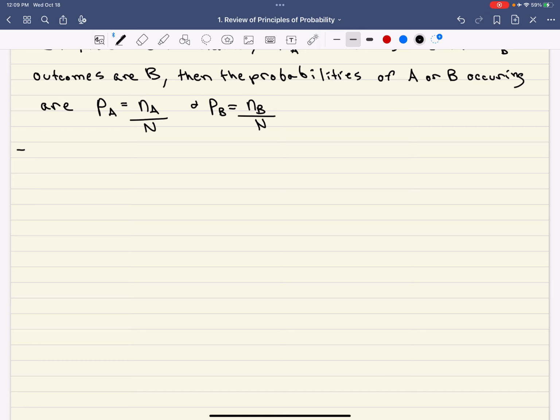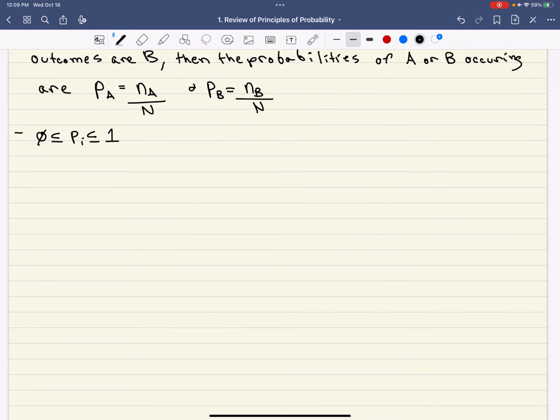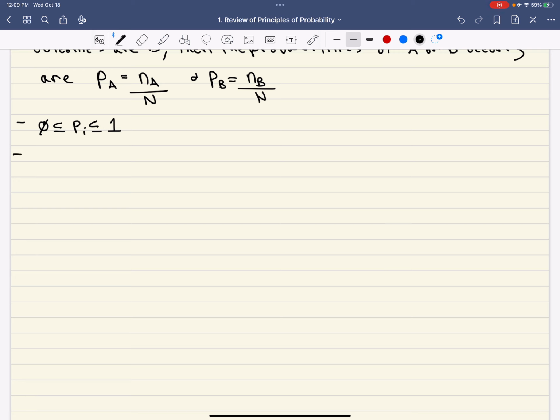In general, your probabilities will range from 0 to 1, right? That's how fractions work. And in the special case that the probability for some outcome i is exactly equal to 1, so it has a 100% chance of occurring, then we say that that outcome is deterministic.